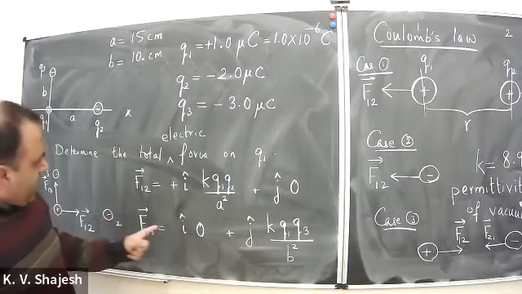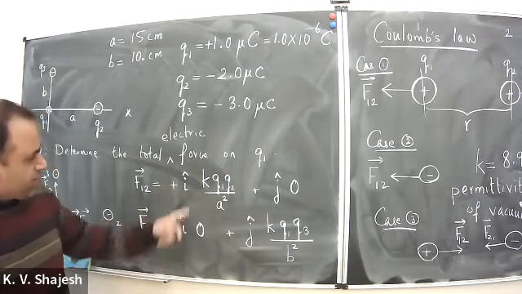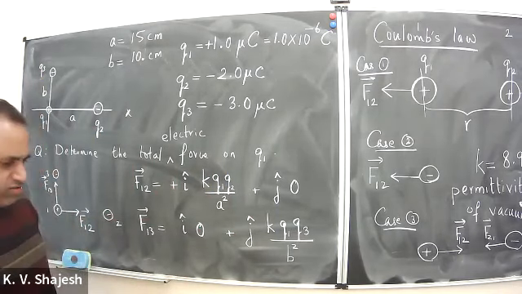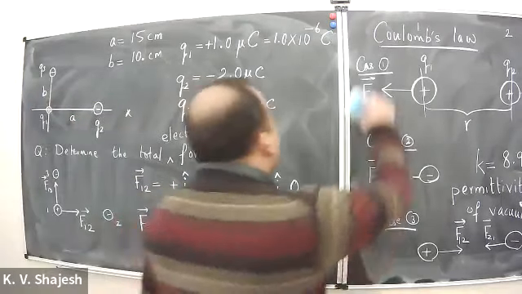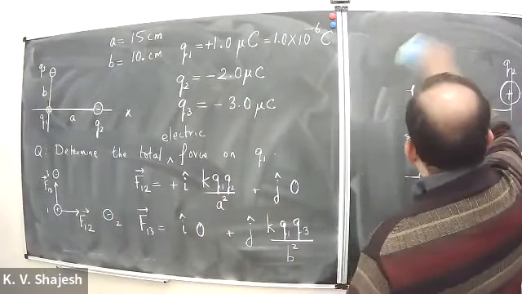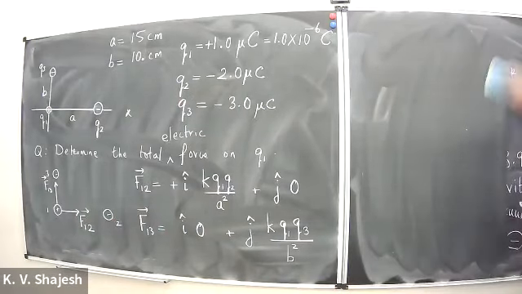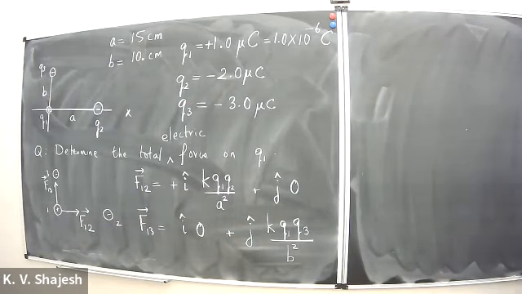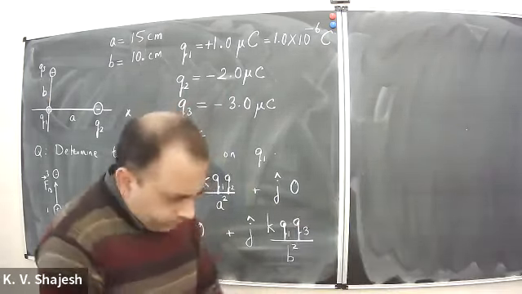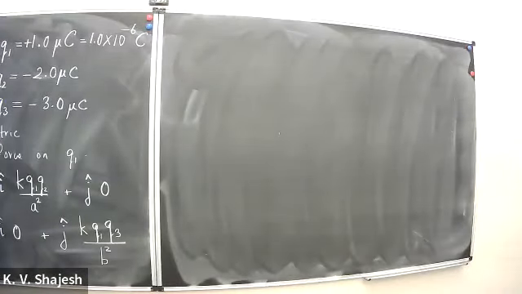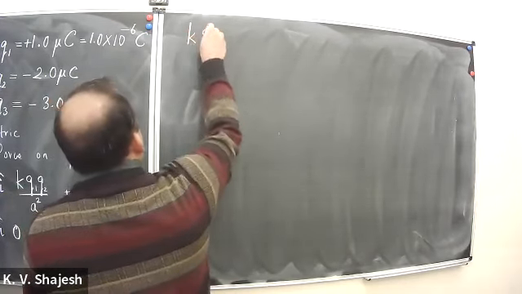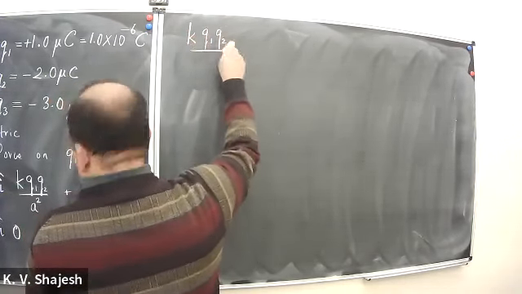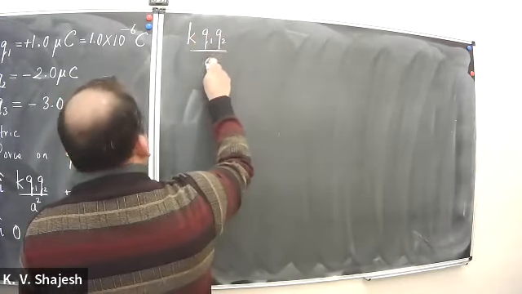It seems overwhelming. That's an equation with too many variables. But if you put in numbers, it becomes very straightforward. So let's calculate this number right away. So we have K Q1 Q2 over A squared.